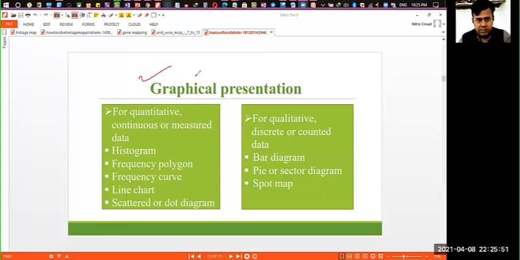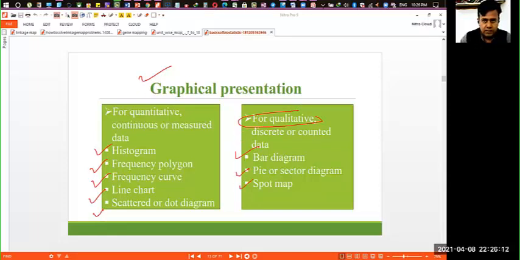They are just qualifying by chance. So they cannot be called fit for research. That's why in the CSIR examination, I can give you the terms: histogram, frequency polygon, frequency curve, line chart, scatter chart. Or the qualitative terms, the best being bar diagram, pie, or spot map.